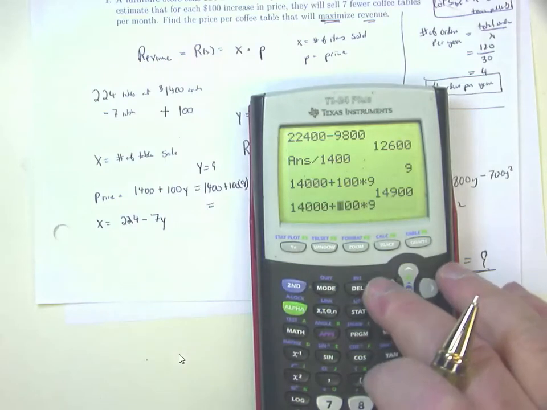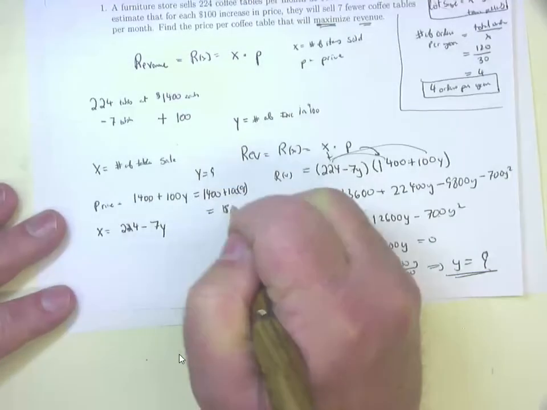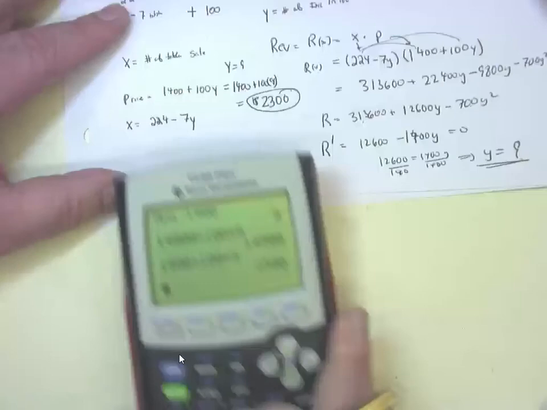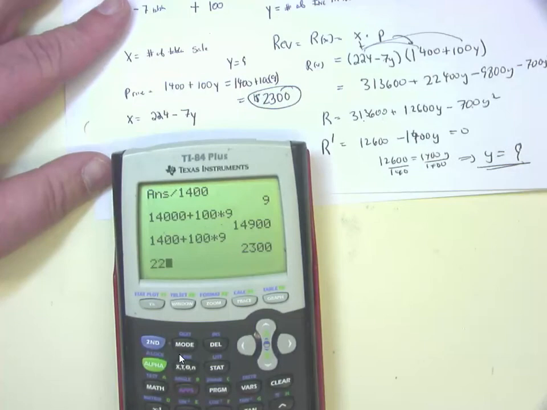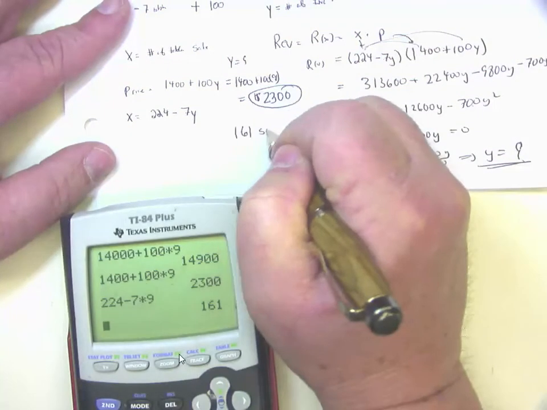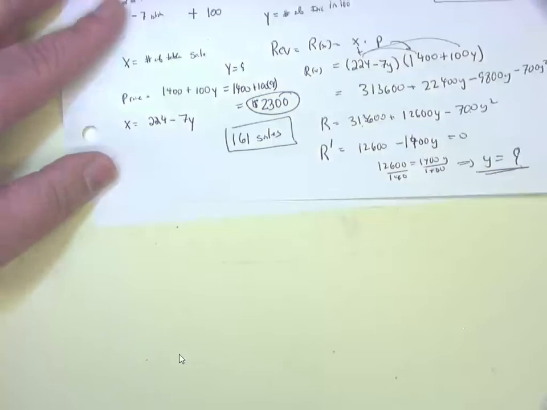Sorry about that, fast on the fingers here. He should be charging $2,300 for these sets. And how many sales is he going to have? 224 minus 7 times 9 is 161 sales. But even with that bigger price, that will still maximize his revenue.